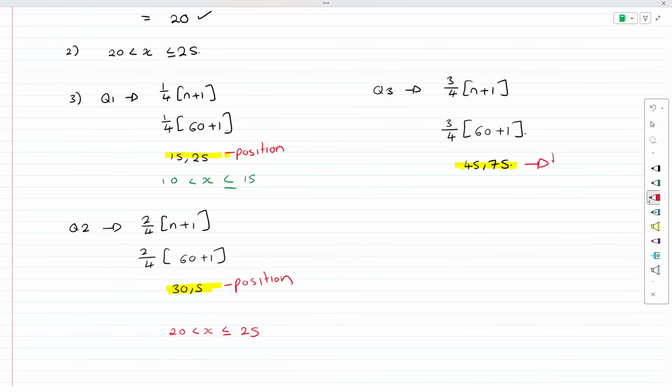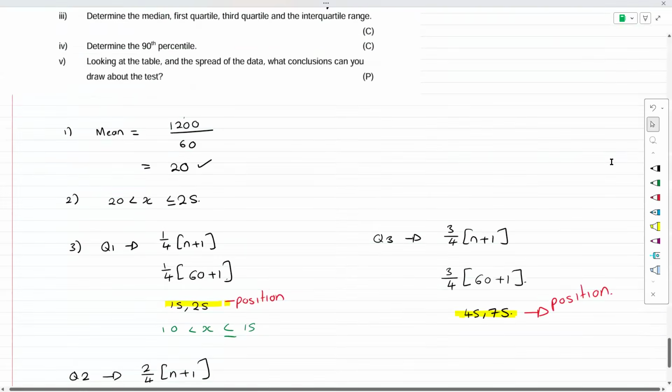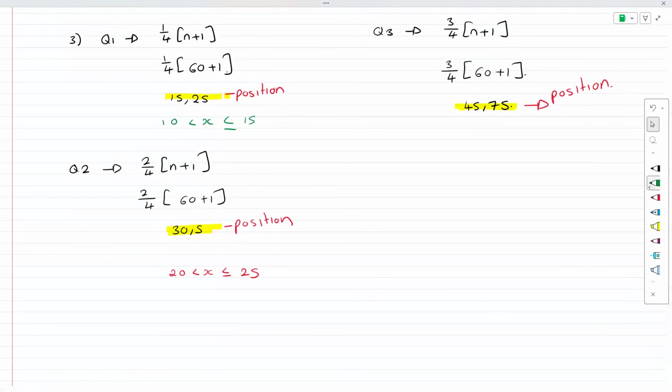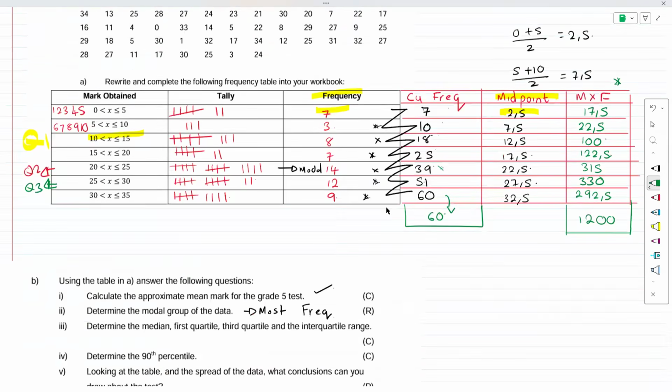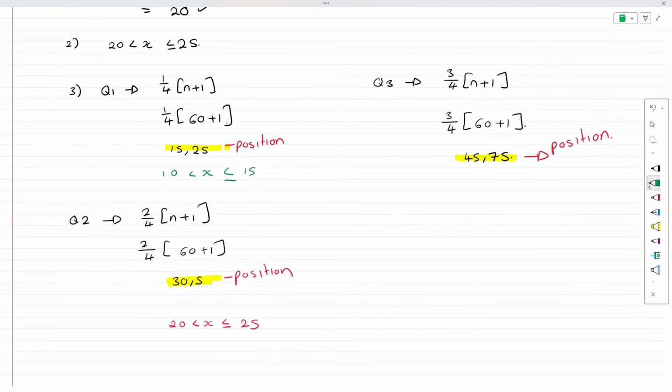This is position. Let's go and look for 45.75. Now 45 does not fall there, there, there, there, there. This is max 39. So this has to be 45. 25 to 30. Okay, so this is 25.